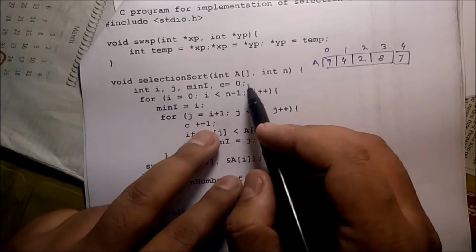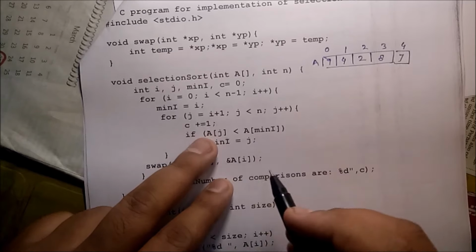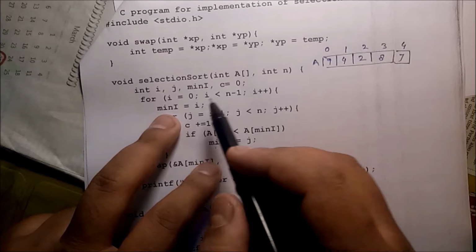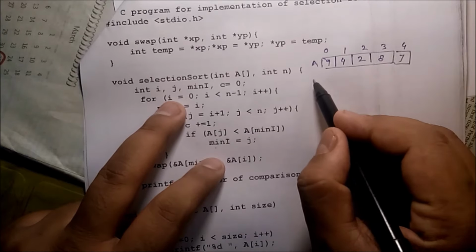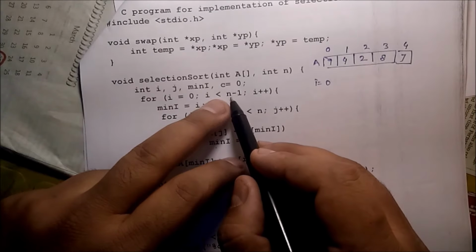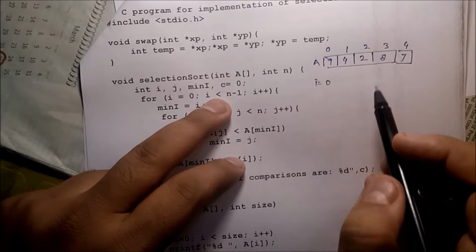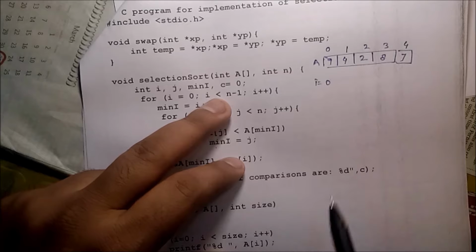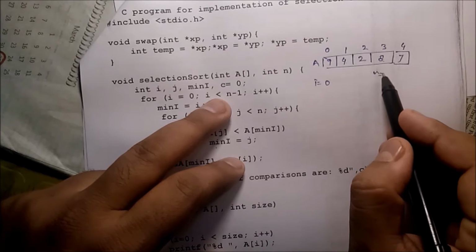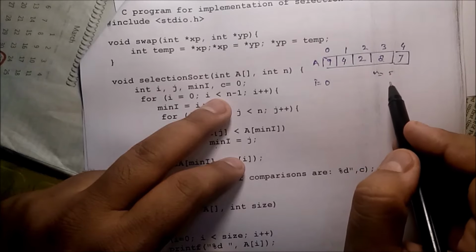Here we introduce C to count the number of comparisons. Now i is equal to 0. So i will vary from 0 to n minus 1. What is n? n is the total number of elements, say 1, 2, 3, 4, 5. So n is equal to 5 actually.